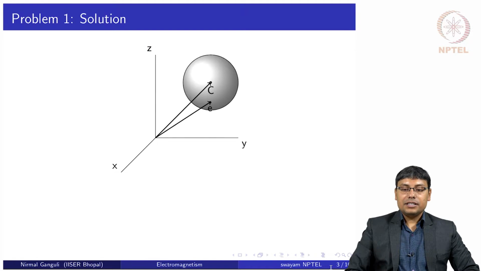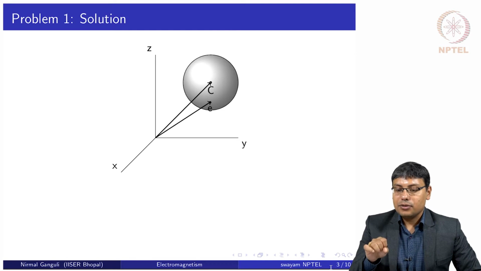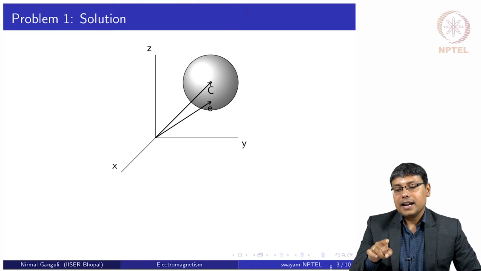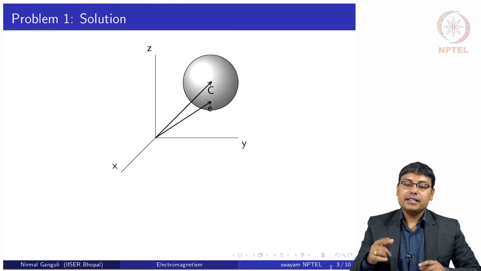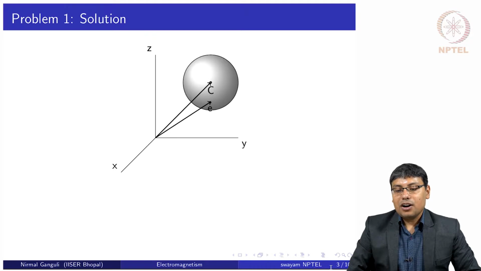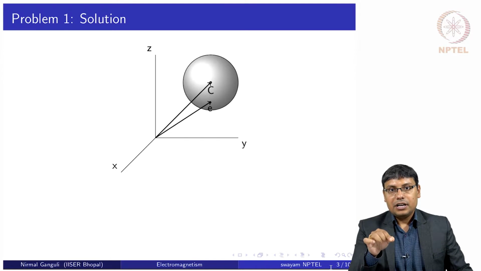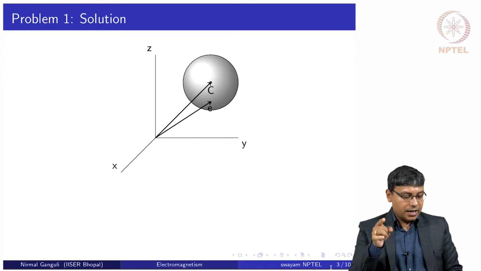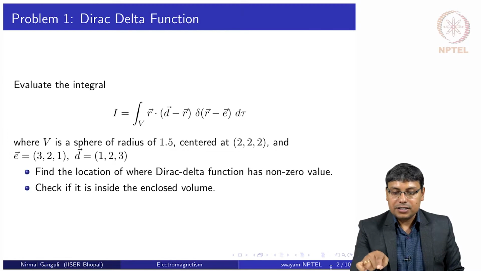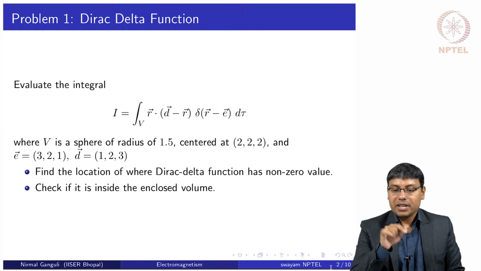So, here is the situation. We have drawn a sphere in the xyz Cartesian coordinate system with the center at (2, 2, 2), and the radius is 1.5. And if we now locate the E vector we find it somewhere inside that sphere. So, when r equals E, according to this Dirac delta function, the argument of the delta function will go to 0, that means the delta function will give us some non-zero value at that point.